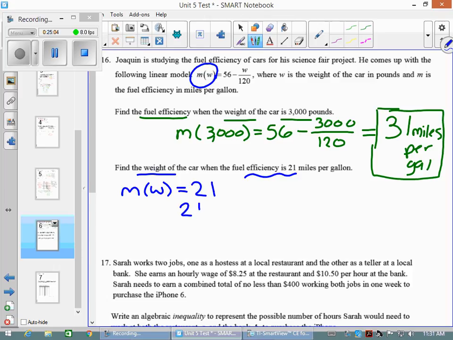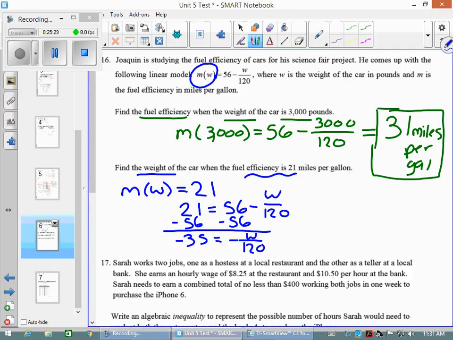And I do want to solve and get W by itself, so I am going to subtract this 56. And I am going to have negative 35 equals negative W over 120. I want to get rid of that negative 120, so I am going to multiply by a negative 120 on both sides.